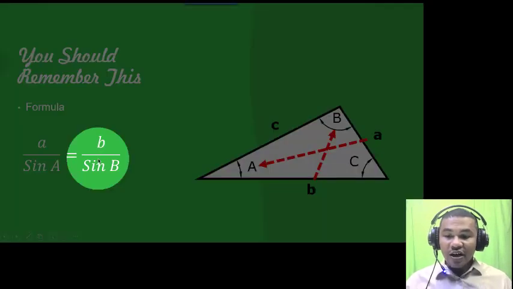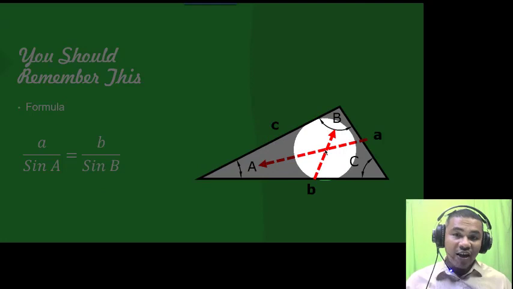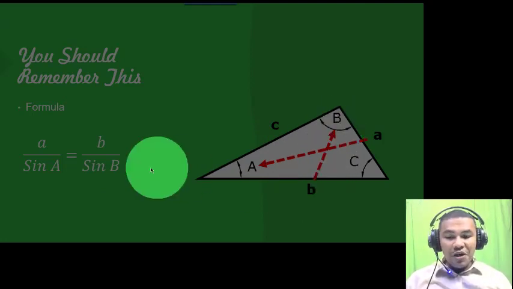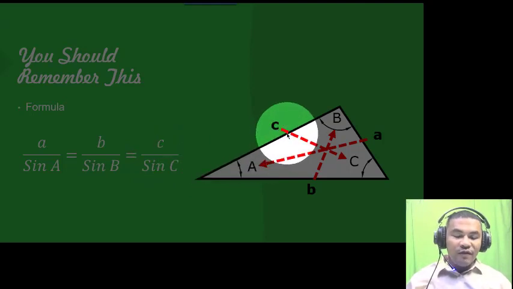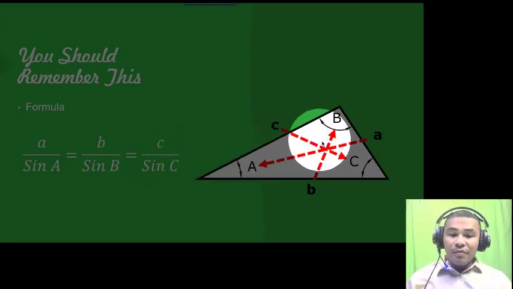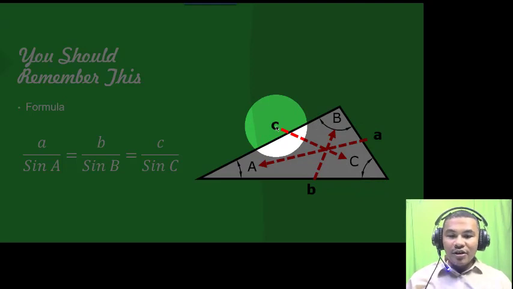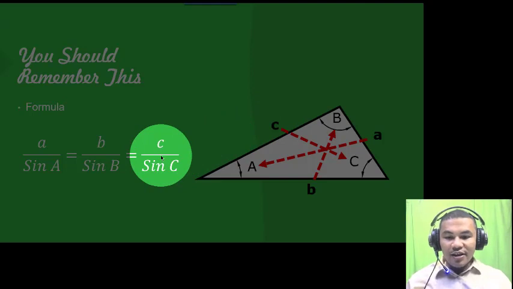As you can see here, we have b over sine B. And as we observe on the right side, the opposite side of angle B is side b. The next part of the equation, c over sine C. Again, let's go to the figure on the right. Just like the previous proportion, the opposite side of angle C is side c. That is why we make this c over sine C.